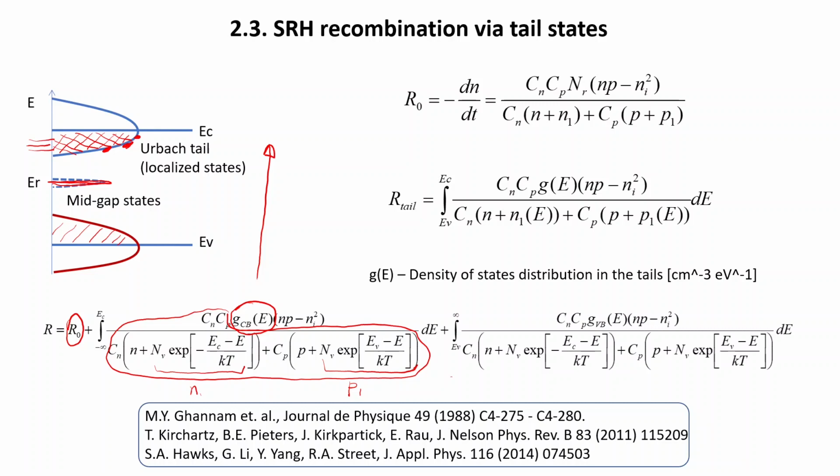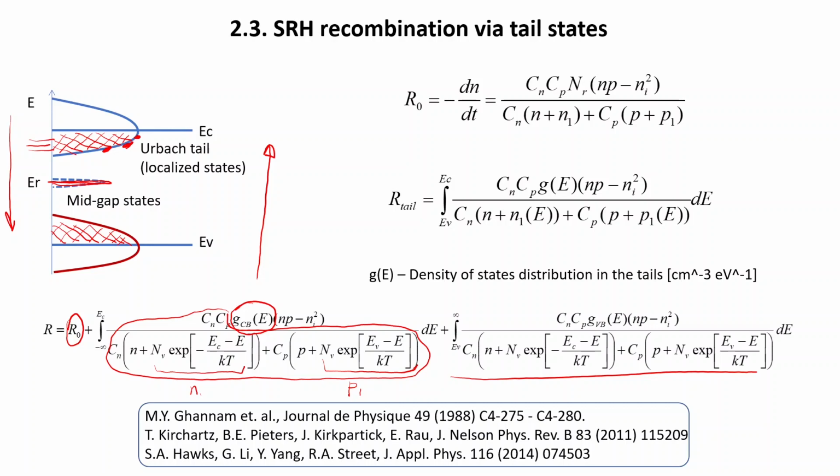Similarly, we should do this for energy states next to the top of the valence band. In this case, we go from infinity to EV, meaning we integrate in this direction and cover all contributions to trap-assisted recombination by localized states in the tail next to the valence band.